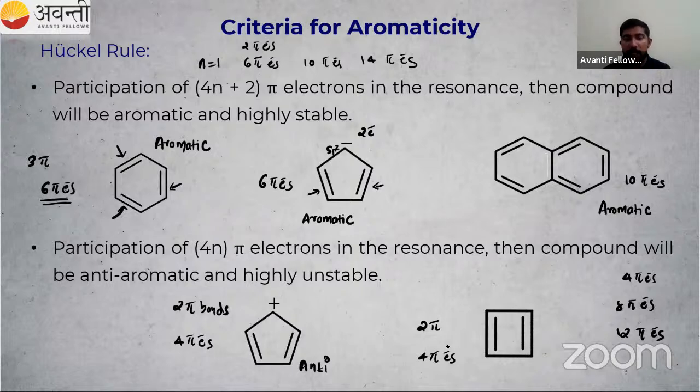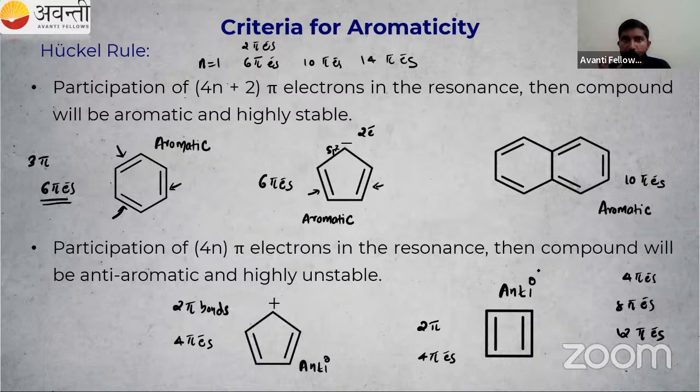It is planar, sp2. Conjugation is present, sigma pi conjugation is present. 3 conditions are followed. Then check the 4th condition: if it follows the 4n plus 2 pi rule, then it is aromatic. If it has 4n pi electrons, then it is anti-aromatic. Anti-aromatic stability decreases. So this is also anti-aromatic.